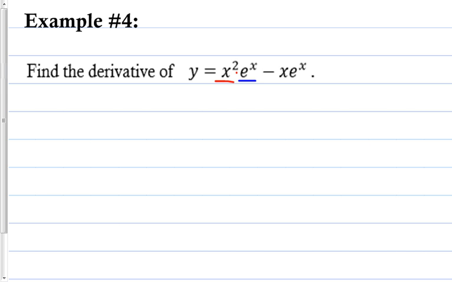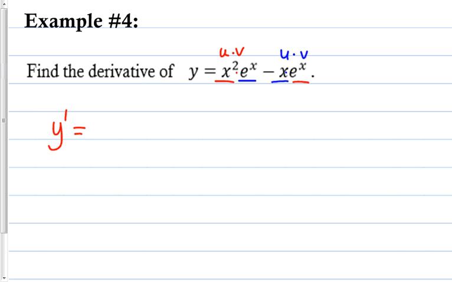And then I have x times e to the x. So I have two other functions. So this is product rule and product rule. So u times v and another u times v. Okay, if you want to list everything out, please be my guest. But at some point, I feel like you should be able to do the product rule without listing everything out.